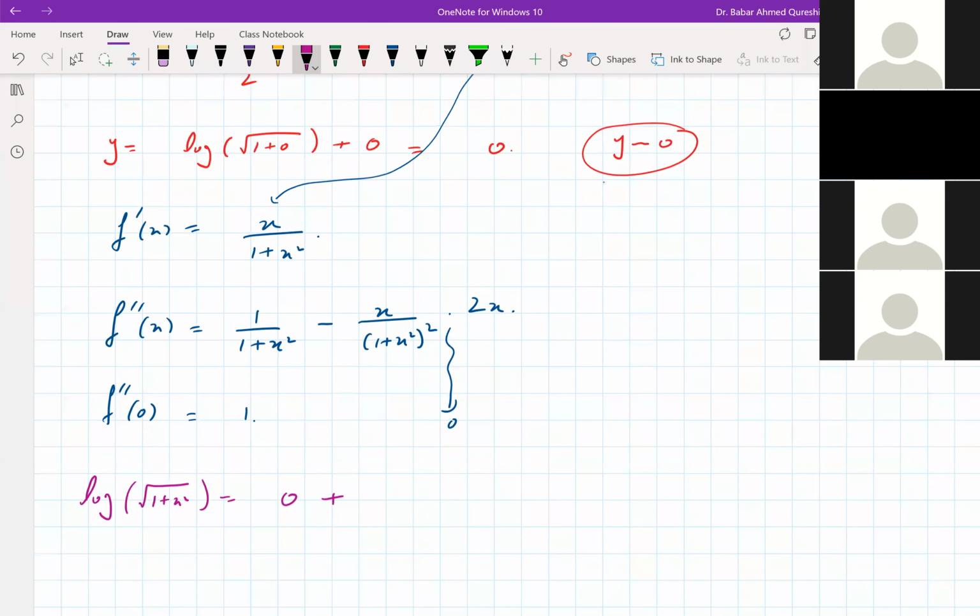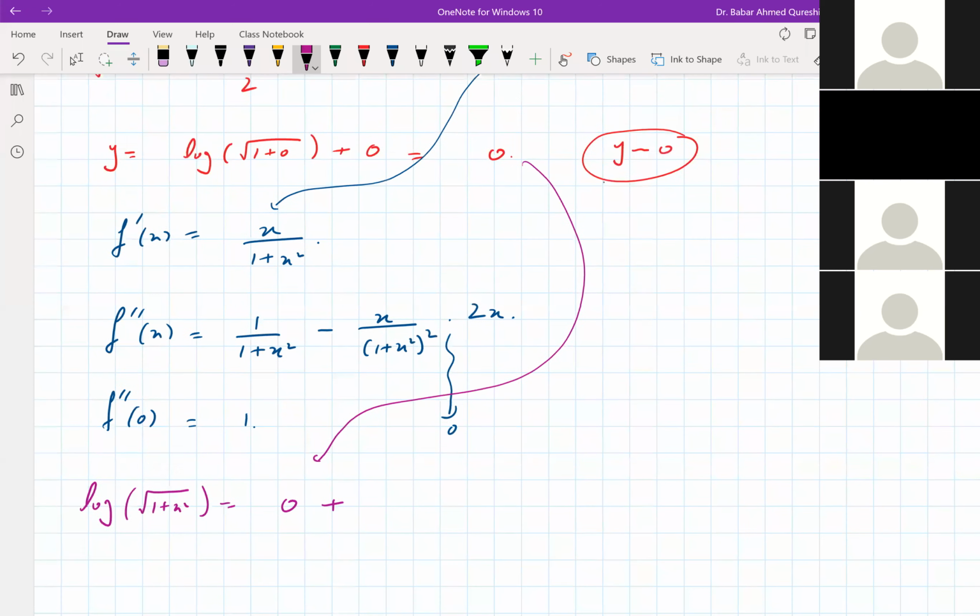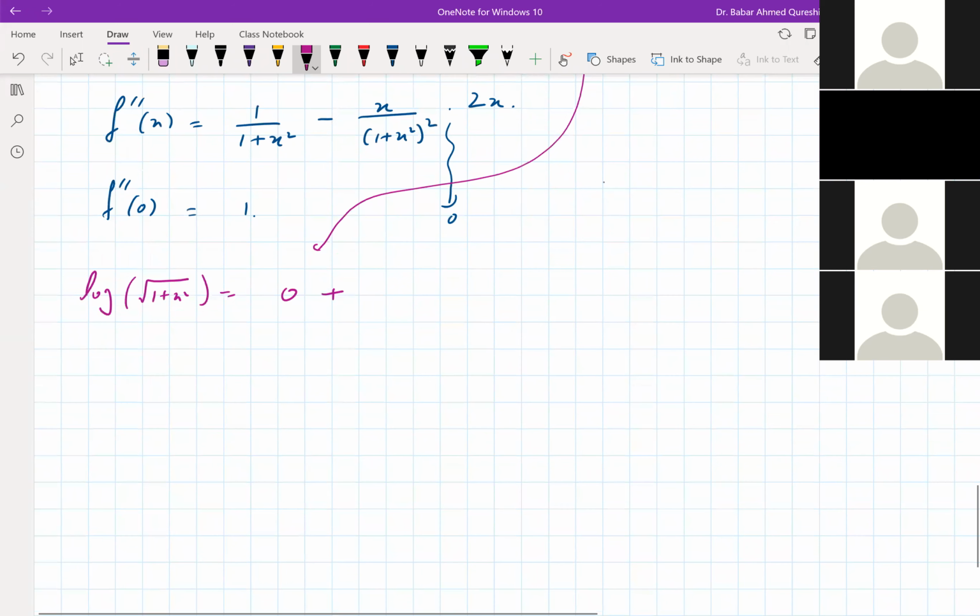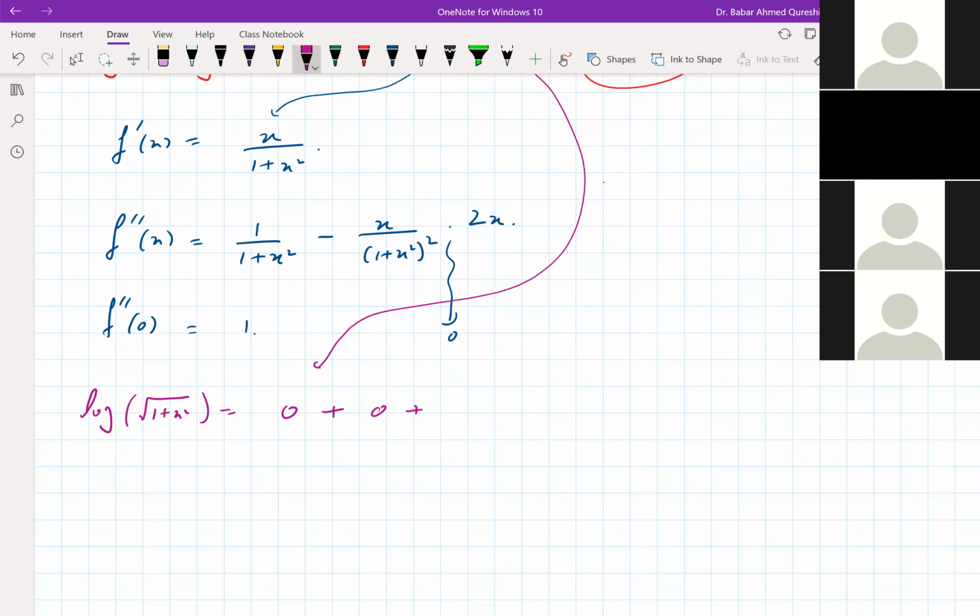That's coming from here. Plus 0, plus this derivative 1 times x minus 0 whole square over 2 factorial. So it's simply x squared over 2. So logarithm of 1 plus x squared goes like as if it's x squared over 2.